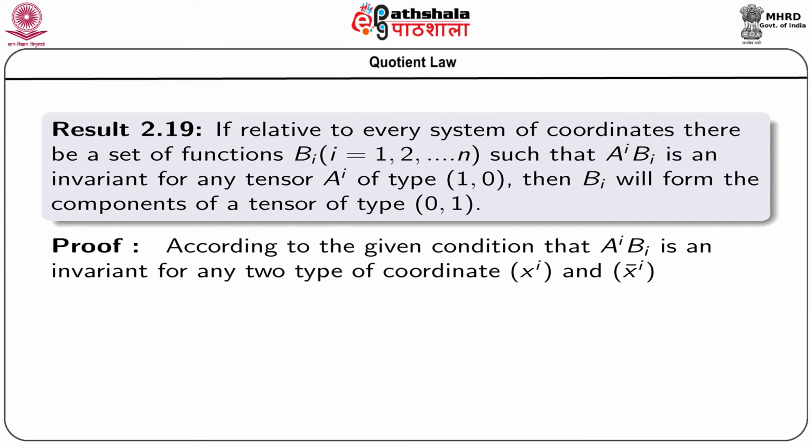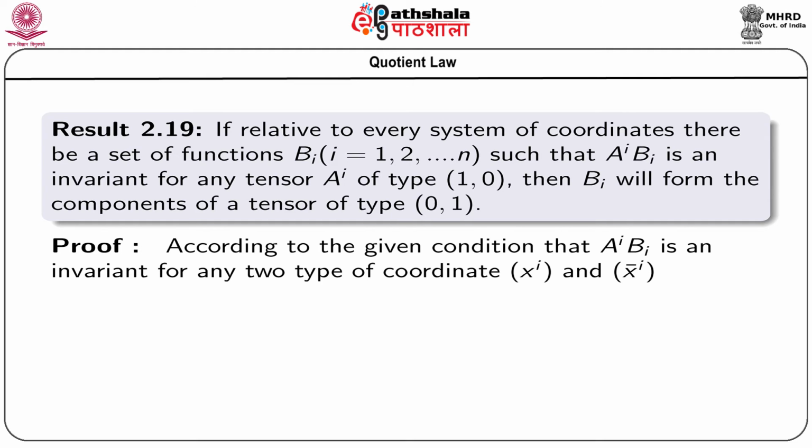If relative to every system of coordinates there be a set of functions B_i such that A^i B_i is an invariant for any tensor A^i of type 1, 0, then B_i will form the components of a tensor of type 0, 1. So, with the help of the Quotient Law, we shall find the nature of B_i, and A^i is known.